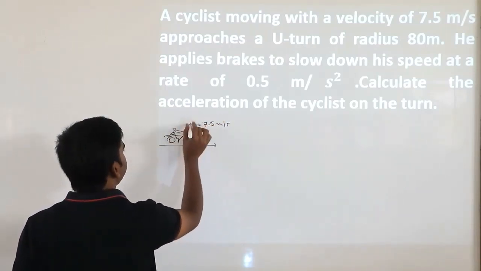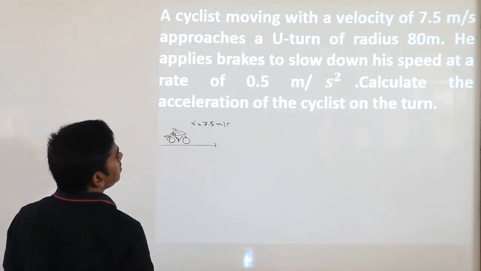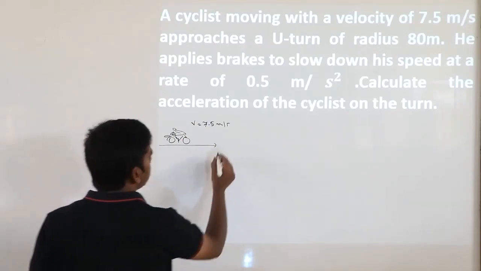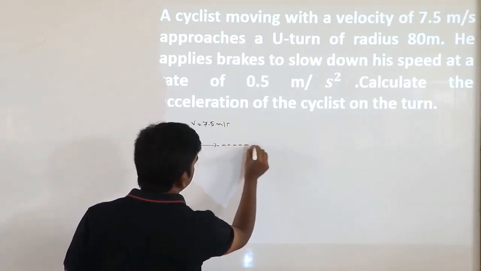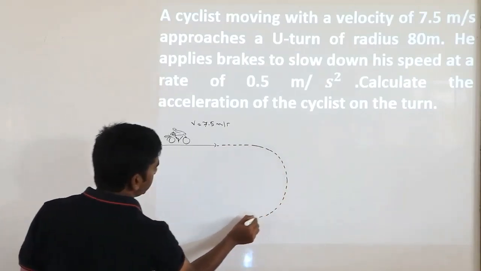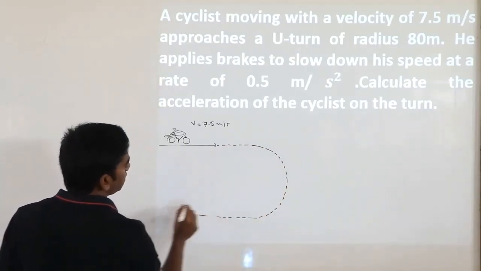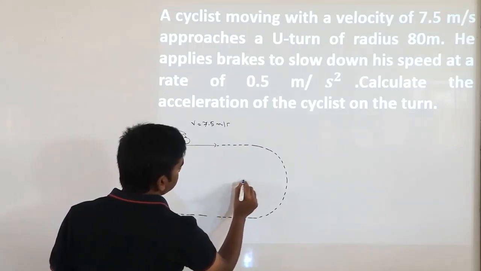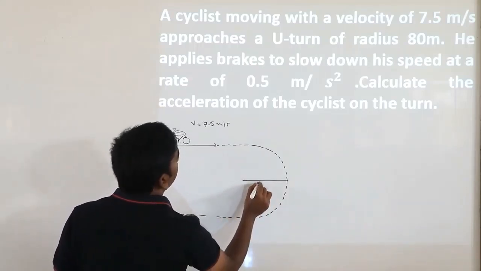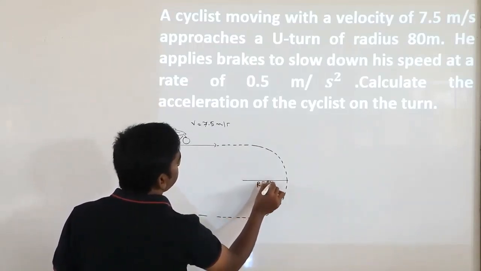So let us take v. He approaches a U-turn of radius 80 meter. When you go here, suddenly there is a U-turn. Its radius you can take as r equals 80 meter.